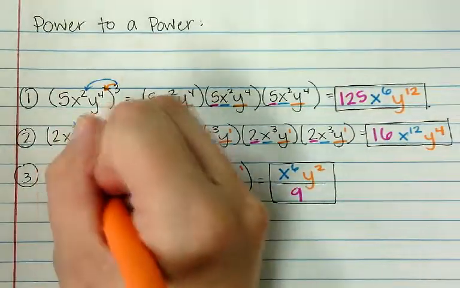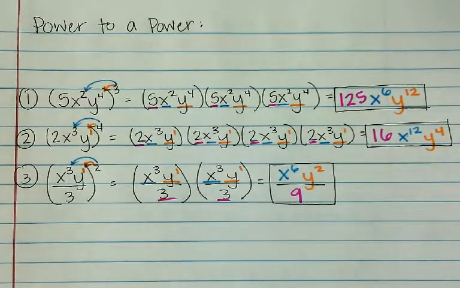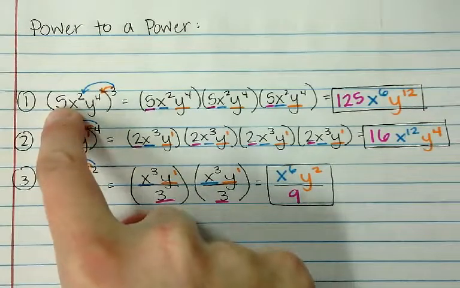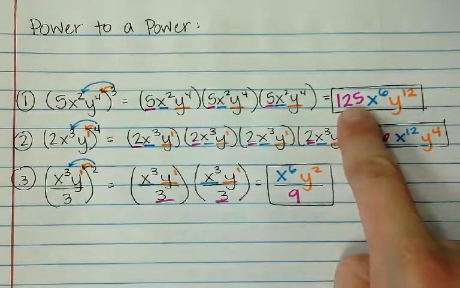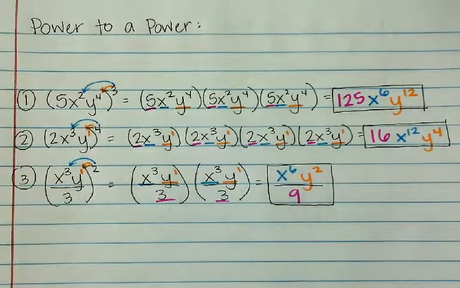But what did you guys notice about the coefficients? Did we multiply the exponent by the coefficient? Did we do 3 times 5? Is that what we got? No. What did we do to the coefficients there? Yes, we did 5 to the power of 3. We raised the coefficient to the power.